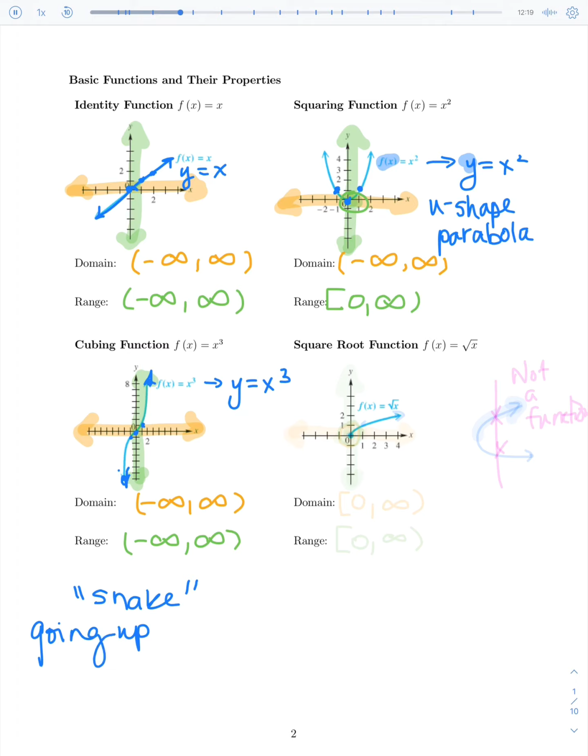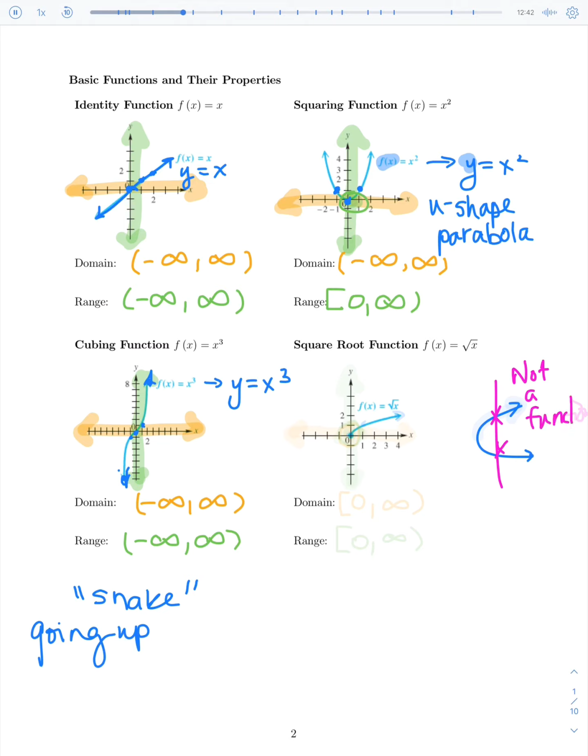Okay, well, if the square function is a U shape pointed upward, the square root, which is the opposite, should be kind of a U shape on its side. The problem is, if you take the full U shape on its side, it wouldn't pass the vertical line test, which would mean it would not be a function.